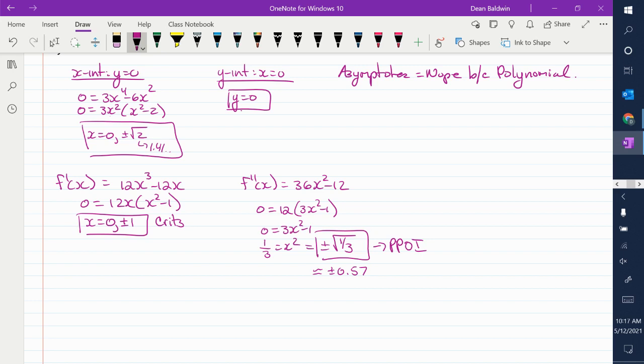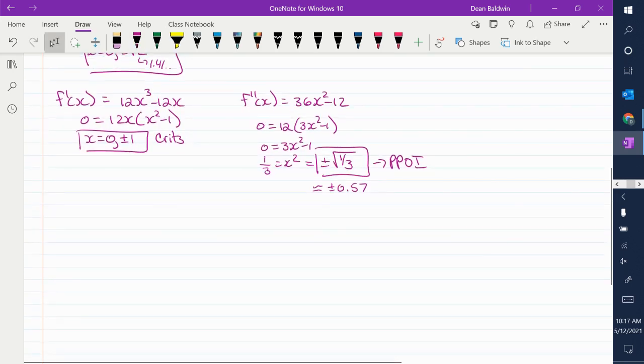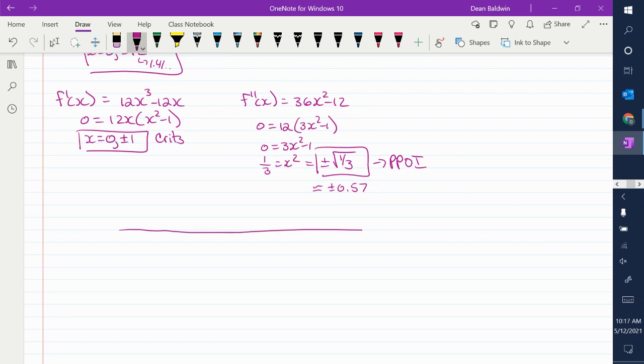So now we do our number line, and we put in everything. I'm going to do it in different colors. I'll do the critical numbers in green: 0, -1, positive 1, and that's for f prime of x.